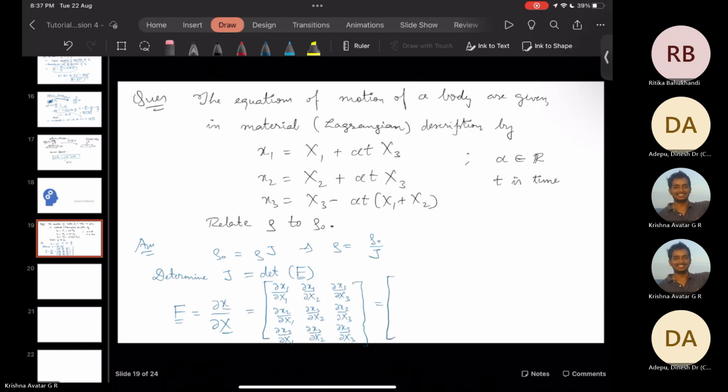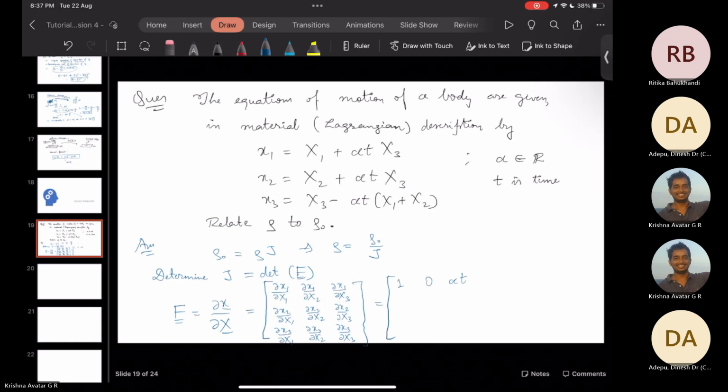Let's take the first row. May I ask you to tell me what will be the partial of x1 with respect to capital X1? One. The second is 0, and the third is alpha t.